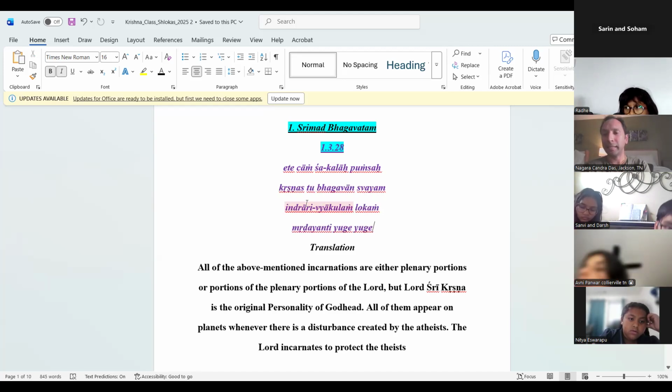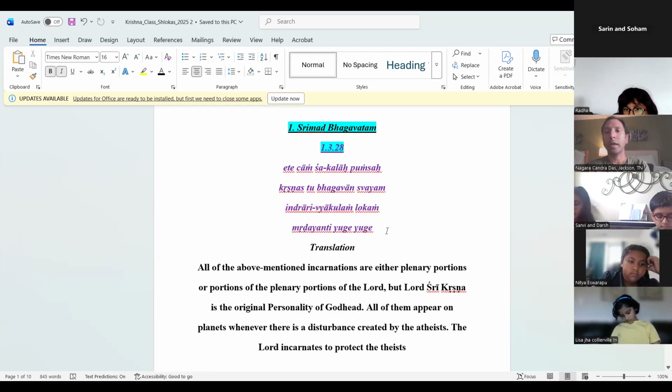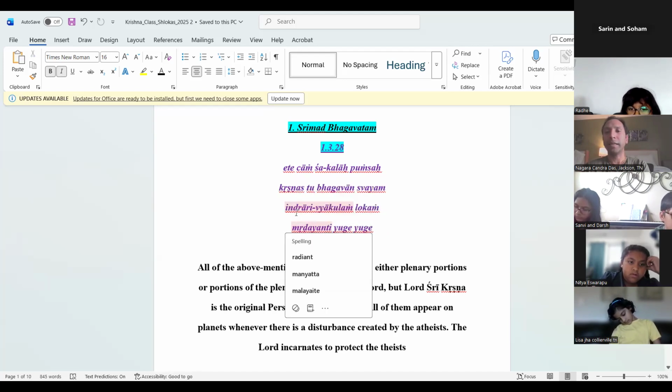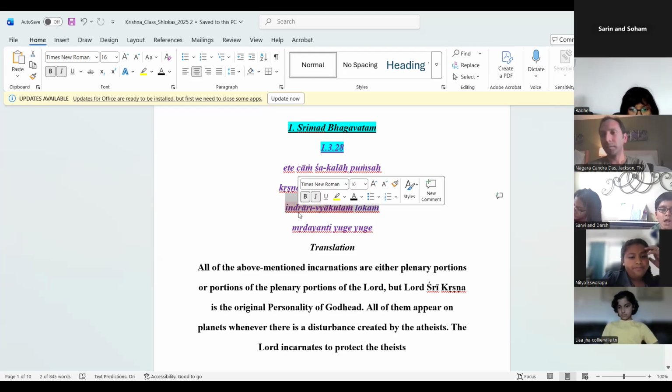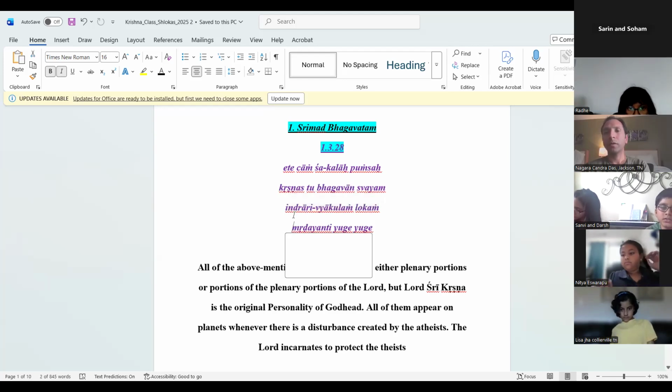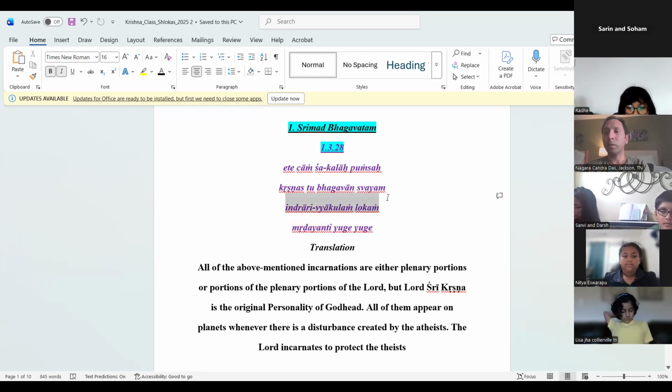So basically atheists, people who don't believe in the Lord or who are against the Lord, demons like that, right? Vyakul means giving anxiety. So Krishna gives anxiety to the enemies of the demigods. That is what it is talking about. Indrari Vyakulam Lokam.